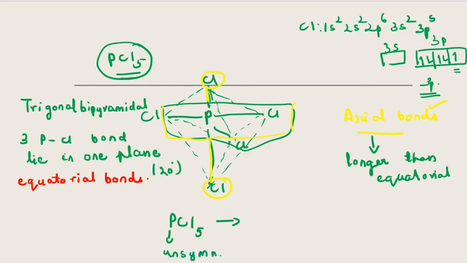Why is its structure unsymmetric? Because the axial bonds lying above and below are slightly longer than the equatorial bonds. So the PCl5 molecule easily dissociates to give PCl3 plus Cl2. The Cl2 forms the axial bonds and the 3 P-Cl form our equatorial bonds.